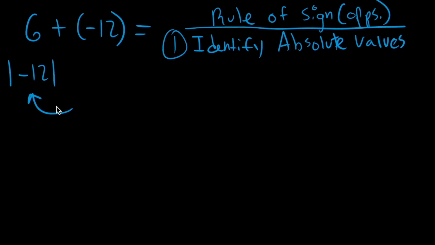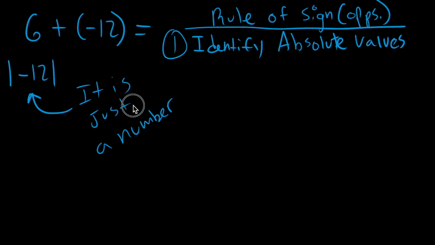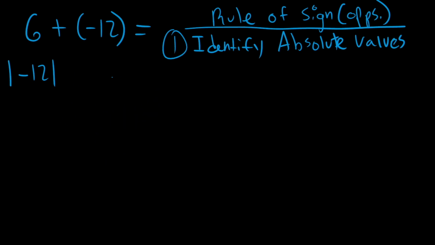This -12 is just a number. It is not the absolute value. The two vertical lines want us to find the absolute value of this number, -12.